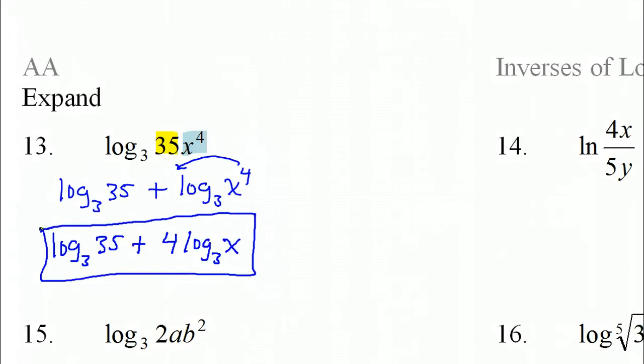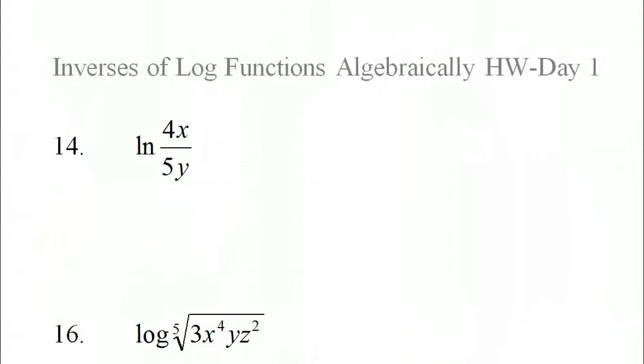Similarly, number 14. All right, the numerator and denominator. In fact, forget about that. Here's what I want you to understand. Please listen carefully. There are 4 different things here. We've got the 4 and the y, and we've got the x and the 5.